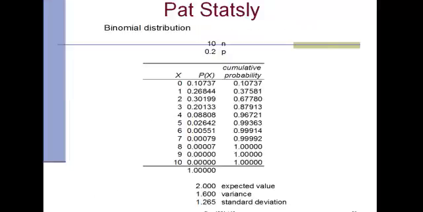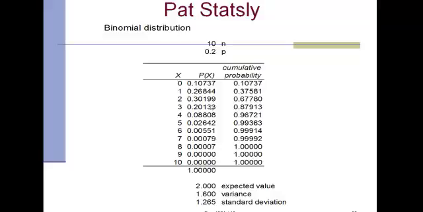Now, if I put that into Megastat, I would go into Add-ins, Megastat, go down to probability, then over to discrete probability distributions, and then select the binomial tab. All I have to do is input 10, the number, and then the probability of success 0.2, and here's my output.